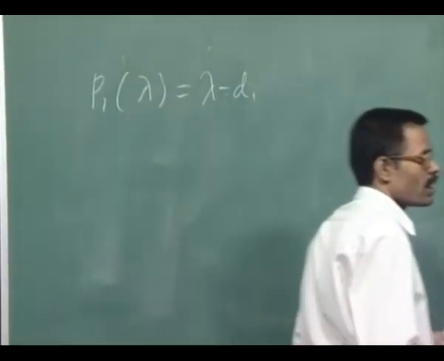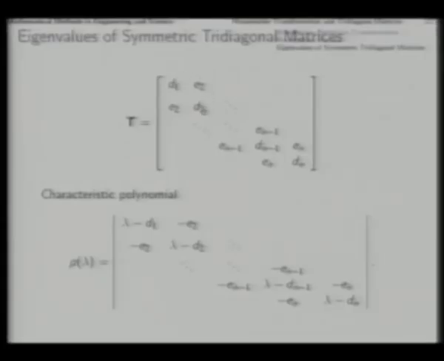Then for the leading 2 by 2 submatrix, we have got the characteristic polynomial from here, lambda minus D2 into lambda minus D1 minus E2 square.